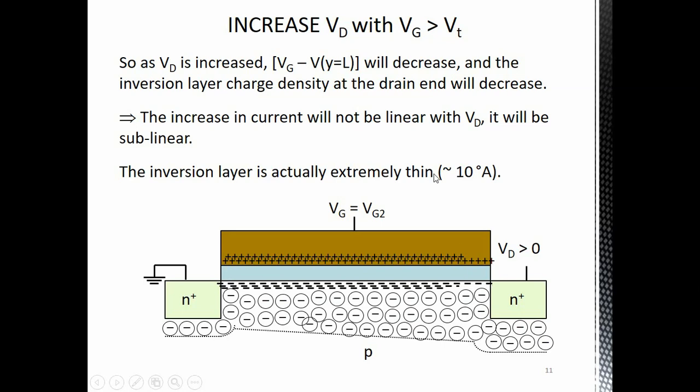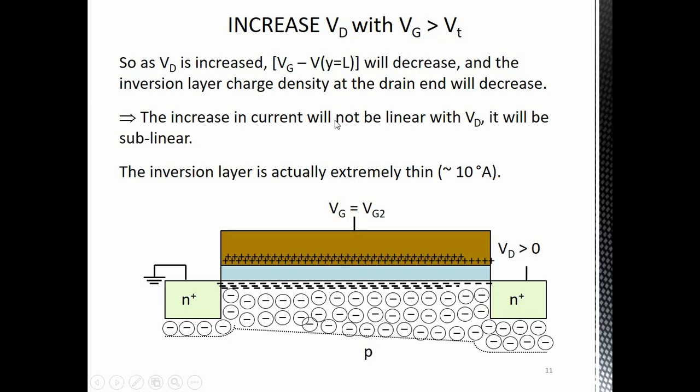In fact, to quantify, one says that for an inversion layer to exist, the gate minus this surface potential Vy, Vg minus Vy, must be greater than Vt. Only if it is greater than Vt will a channel exist.